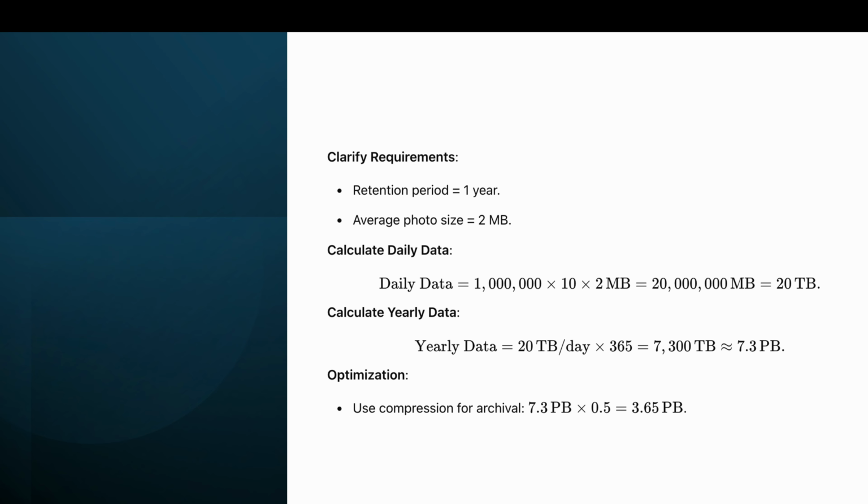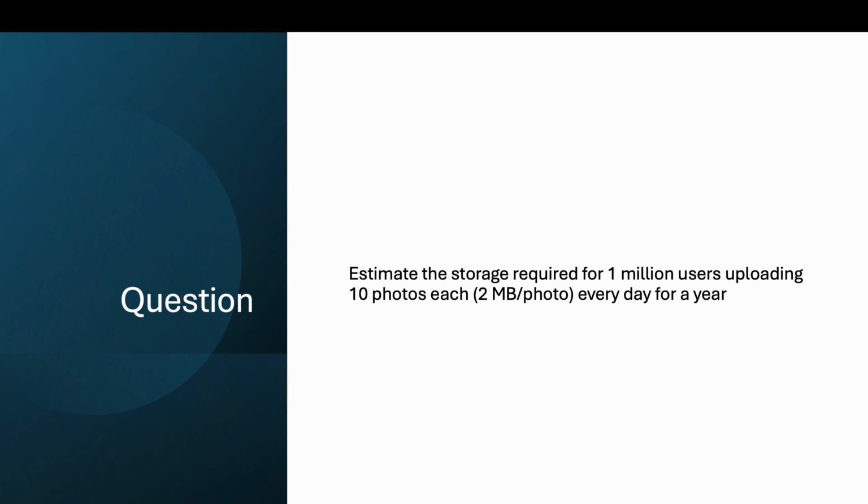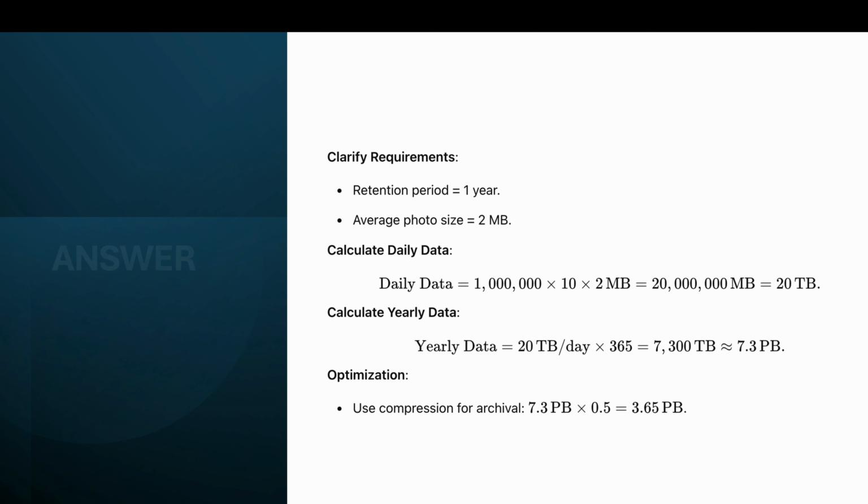So this was the bigger problem: how much data do we need for 1 million users who are active every day and upload 10 photos each of size 2 MB every day for a year? Simple: 3.65 petabytes of data. You should memorize all these things. Why am I sharing all these examples?